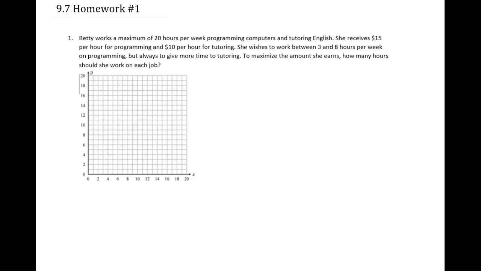So let's look at our constraints. For our hours constraint, we know that the combination can be up to 20. So let's define x equals number of hours programming and y equals number of hours tutoring.